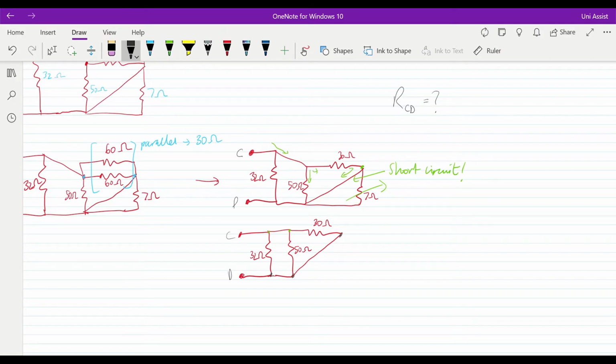So RCD is going to be 32 in parallel with 50 in parallel with 30 ohms. So mathematically this will be 1 on 32 plus 1 on 50 plus 1 on 30 inversed, and this will lead to a value of 11.82 ohms.